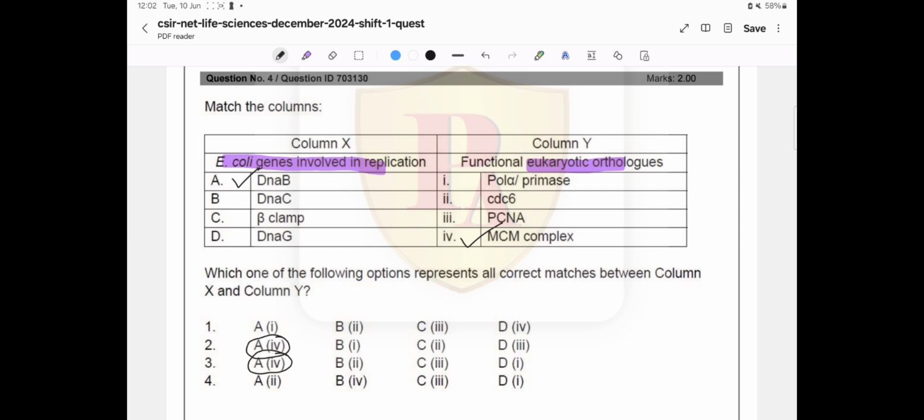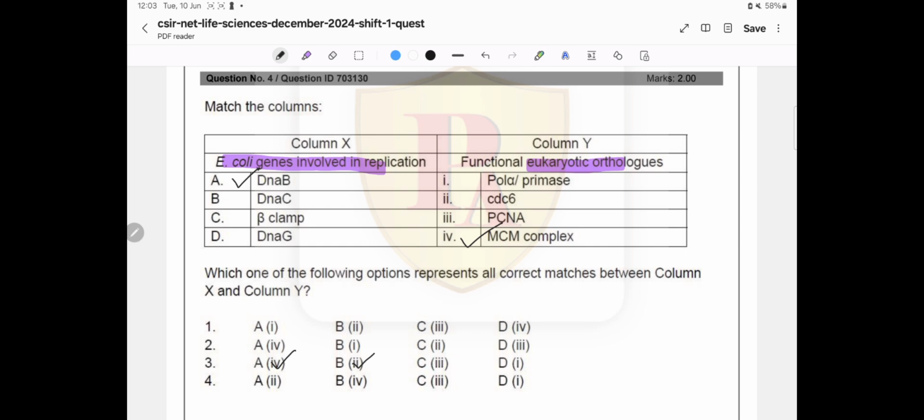To choose the correct answer, we have to know all the functions of these given enzymes, right? So DNA C, I know that its function is similar with eukaryotic CDC6. So DNA C acts similarly with CDC6. Okay, so B2. So here select D, A4, B2.